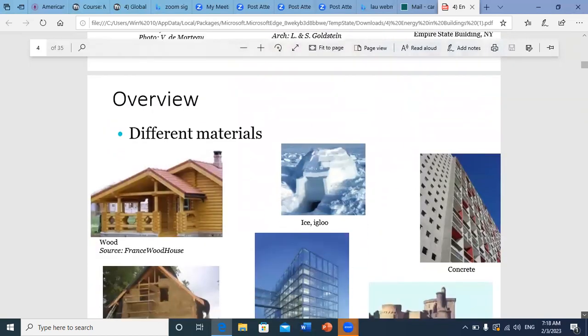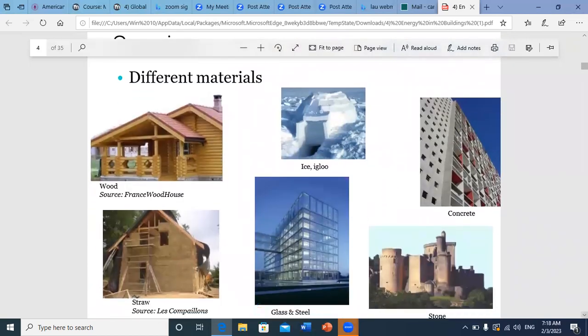Now, of course, also the material that we use is very important and will affect a lot the thermal performance of the building. So we have different materials, and depending on the application we have, we select which material to use.